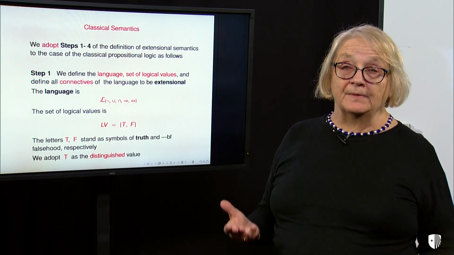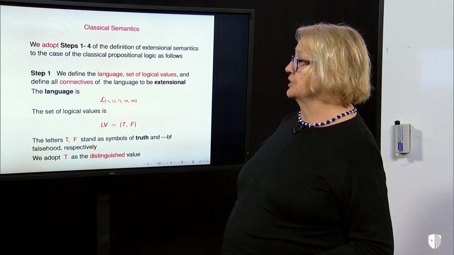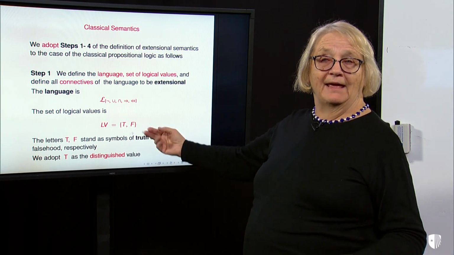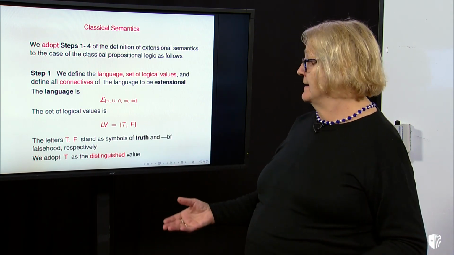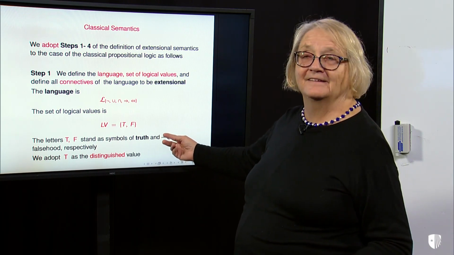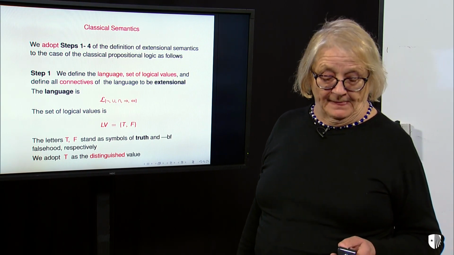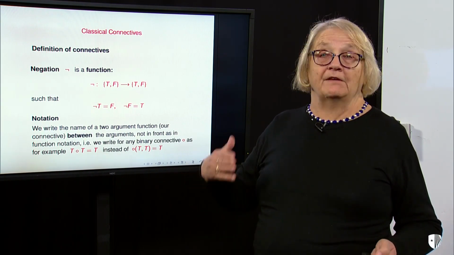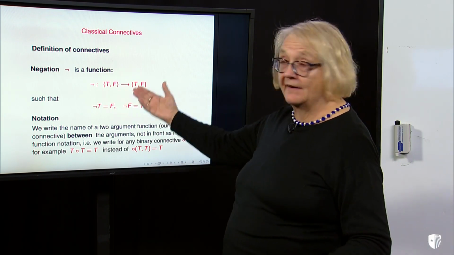So step 1, we define the language of logic and the set of logical values. The set of classical logical values is T and F, where T stands for truth and F, which should be boldface, for falsehood, as the distinguished values. And now the definition of an extensional connective is a function.